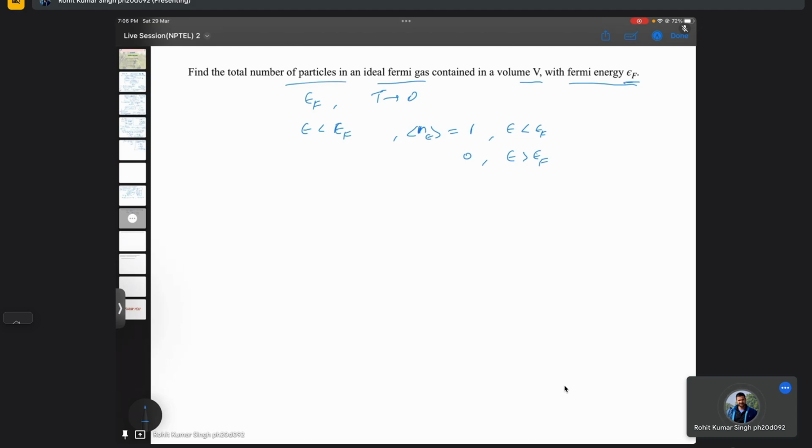We saw this earlier. So this is given, and we have to find the total number of particles.